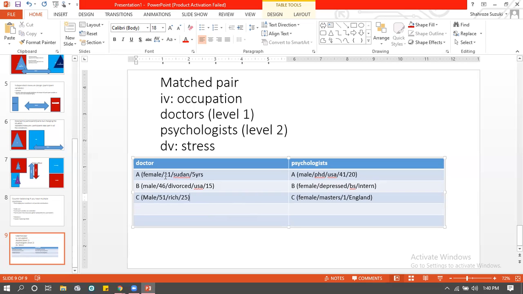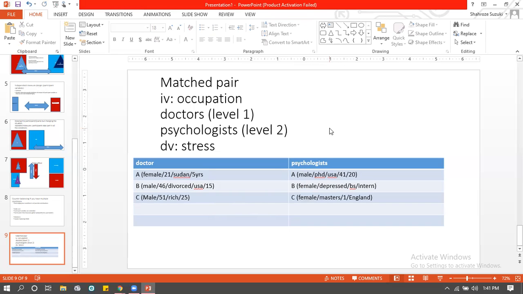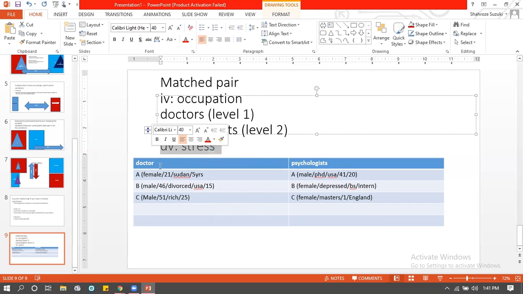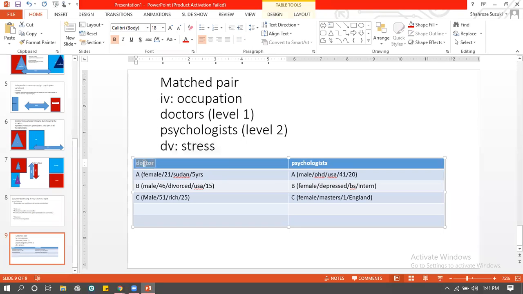Other than that, these partial variables, their age, their experiences, their financial circumstances, their mental health. Do you think this would create a problem when we compare their stress? As in, do you think apart from profession, these factors will also contribute to stress? So do you think our results would be messed up?